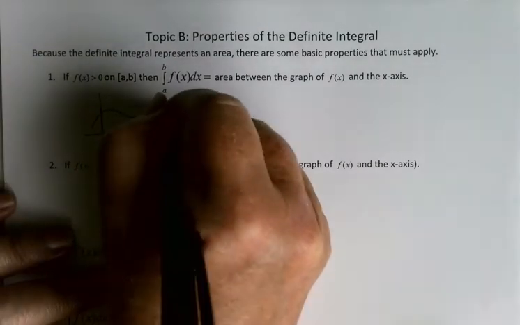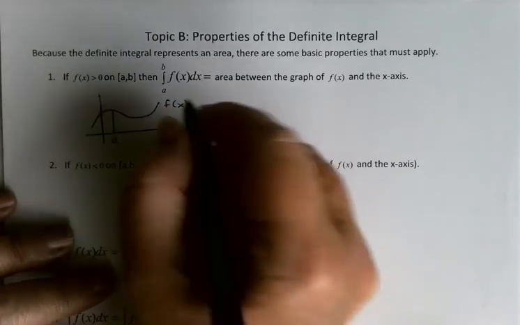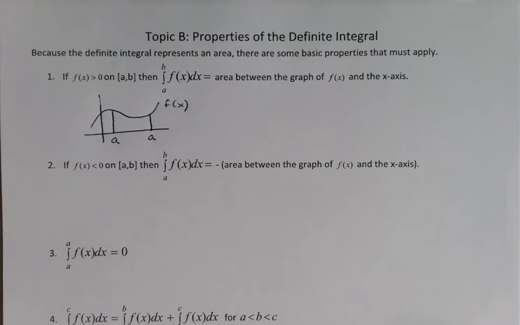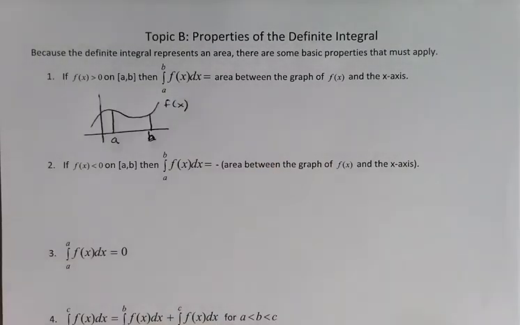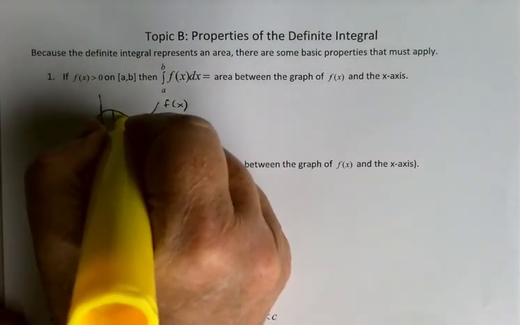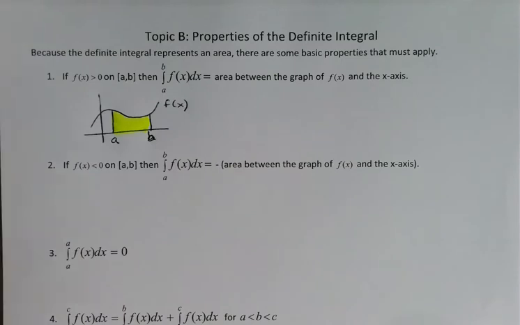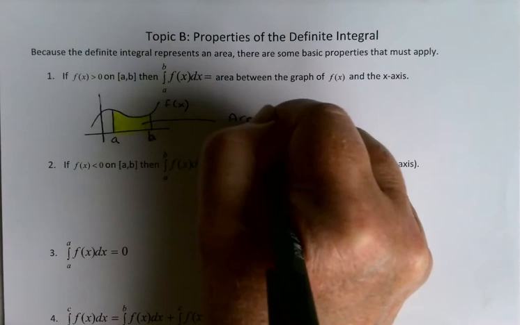If we've got our function f of x, then between a and b, oops, that was a and a. Let's try a and b. That area is represented by the integral.